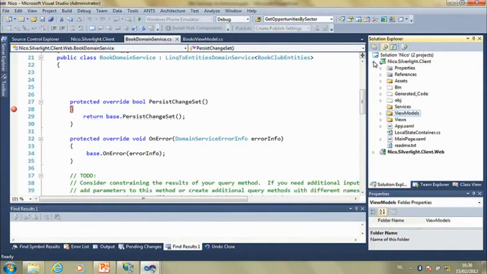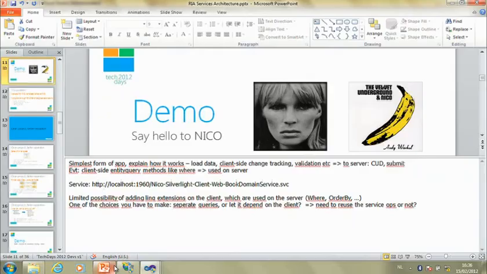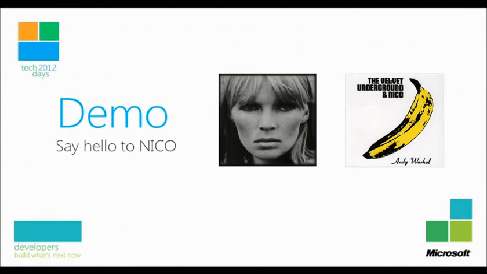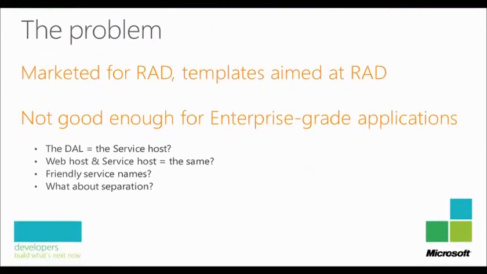But immediately, you will probably see a few problems with this. This is marketed for rapid application development, and the templates are aimed at rapid application development. So, as a general rule, you might want to say it's not good enough for enterprise-grade applications. If you look at the solution I just showed you, it only has 2 projects, a Silverlight client and a host.